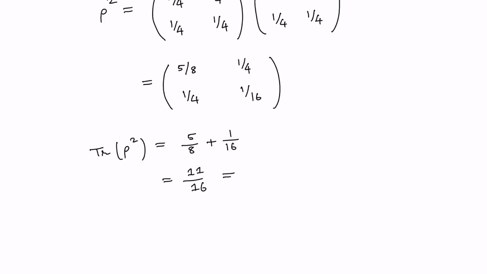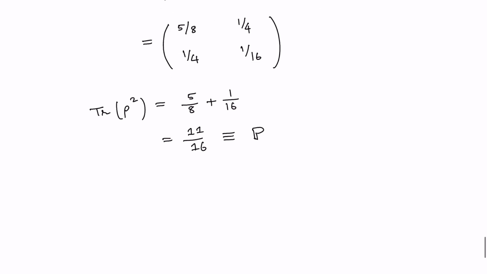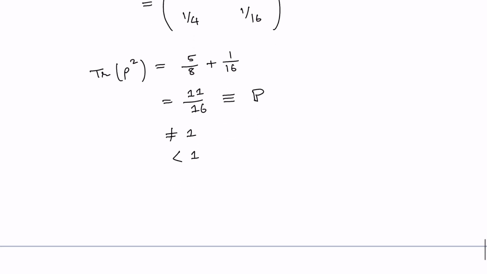So this is basically your purity, and as you can see, this is not equal to 1, it is less than 1. That means rho represents a mixed state, right? Because trace rho squared is less than 1, it represents a mixed state.